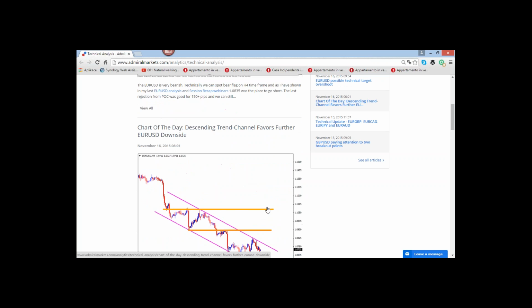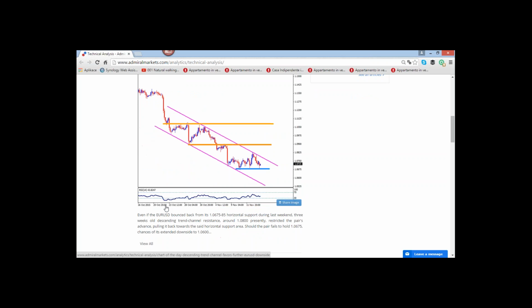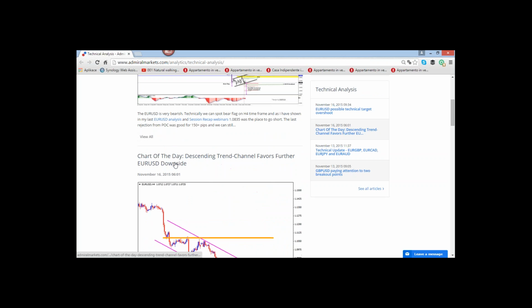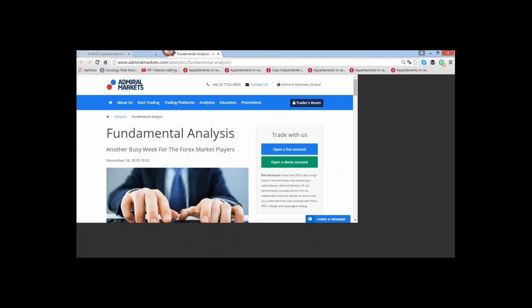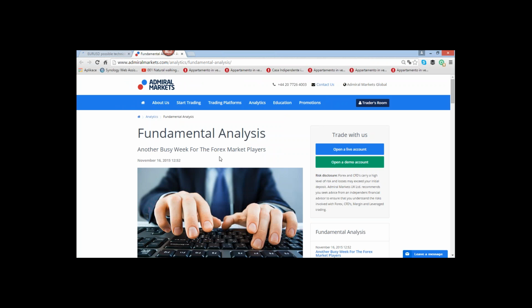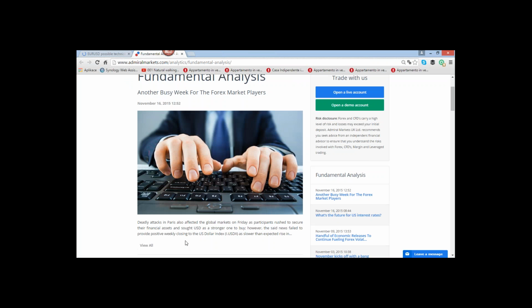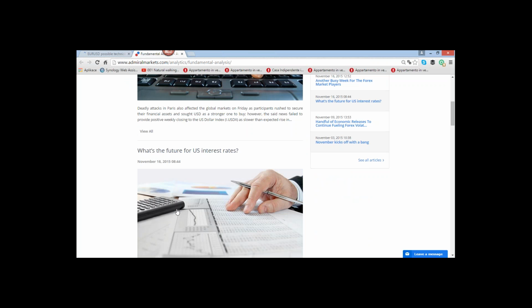I think this is Anil that wrote this chart of the day, and Nenad. But you also have fundamental analysis, by the way. So there's a lot of content you could take a look at. Yesterday, another busy week for the Forex market pairs, and you can dive into the fundamental side of things and what's the future for U.S. interest rates. As you can see, that was all yesterday.